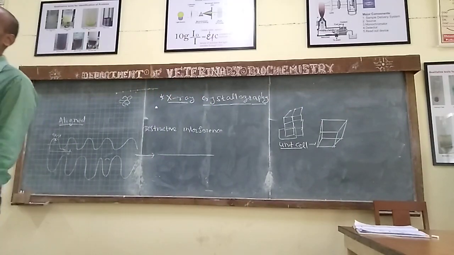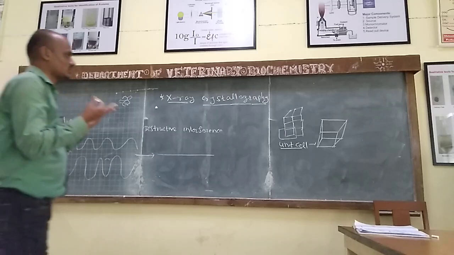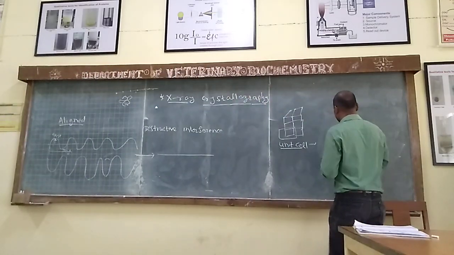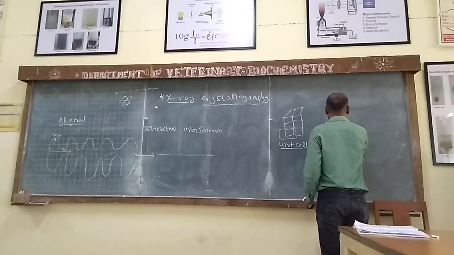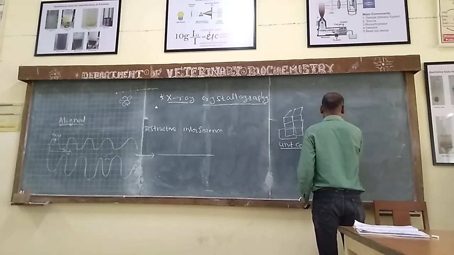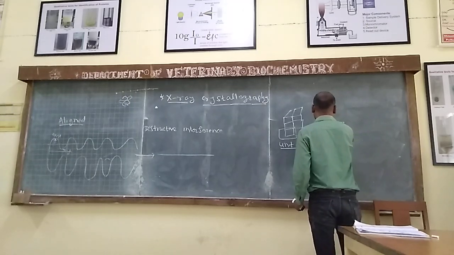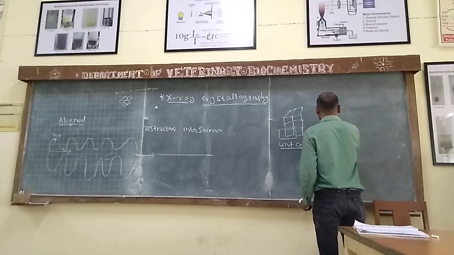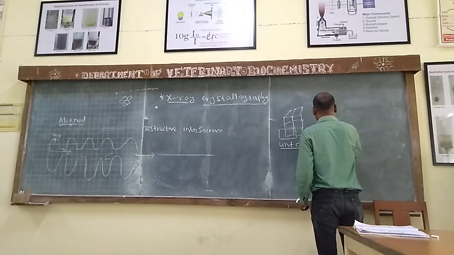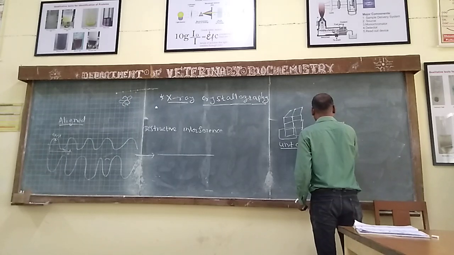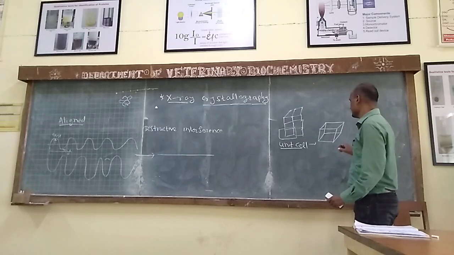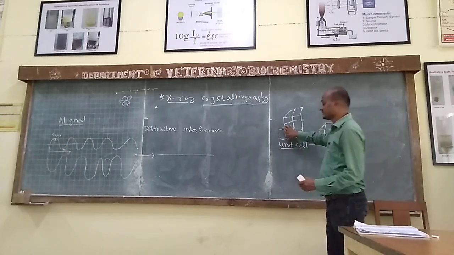Now we want to determine how the molecule is arranged so that we can know its dimension, right? So we will try to draw this nicely. So this box-like structure is there, a single unit structure. So when the molecule is arranged, a single unit structure is there.